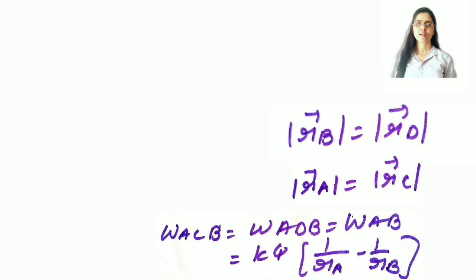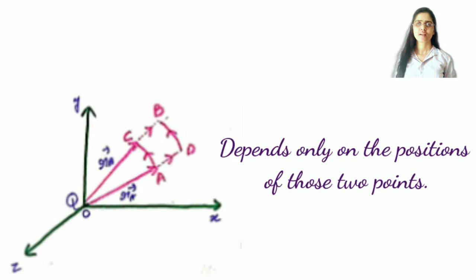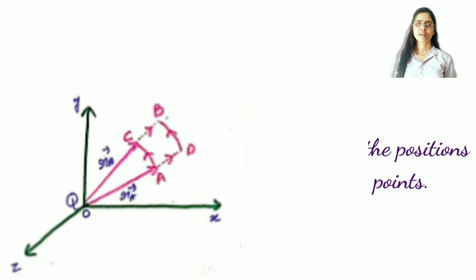Students, remember that the work done by the electric field in moving a unit positive charge from one point to another depends only on the positions of those 2 points and does not depend on the path joining them.